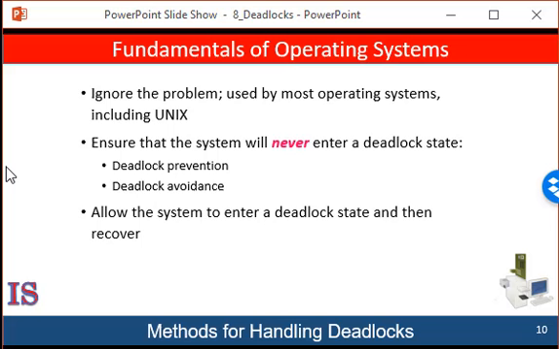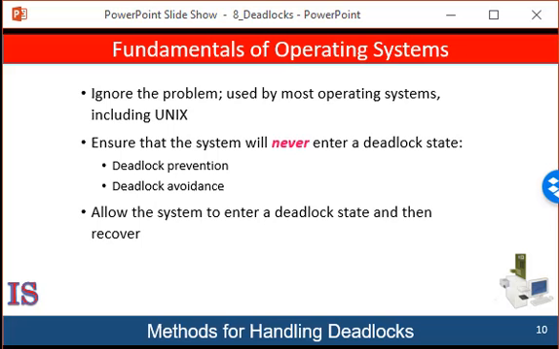Or we can allow the system to enter a deadlock state, detect it, and recover. The first solution is one used by most operating systems, including Linux and Windows. It is then up to the kernel and application developers to write programs that handle deadlock, typically using approaches outlined in the second solution, developing protocols to prevent or avoid.